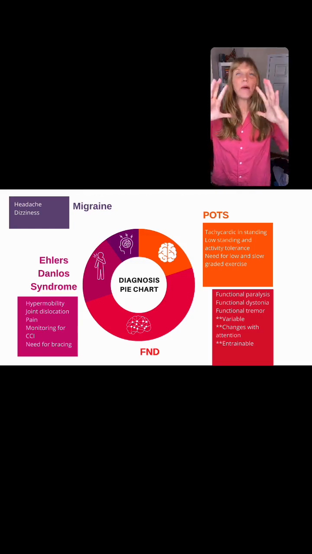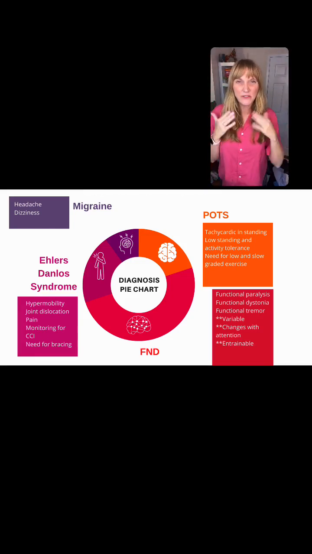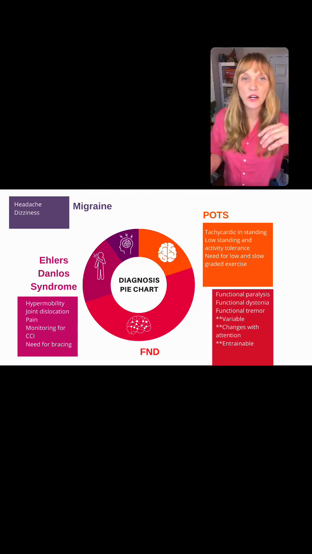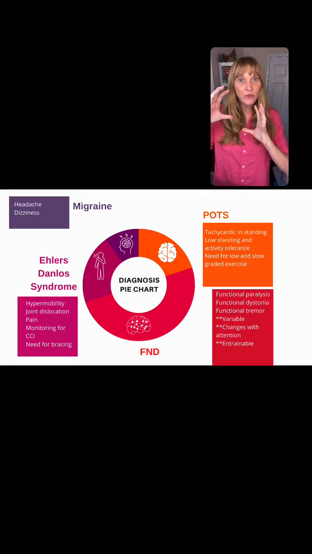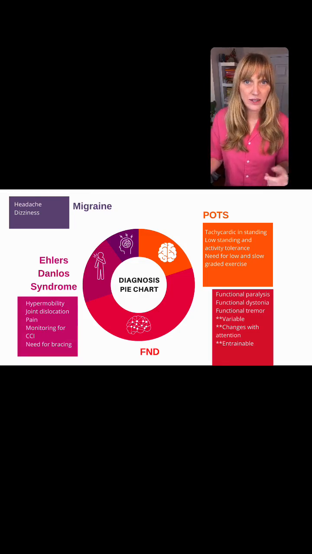Now, I showed that picture of the body with multiple symptoms. It was kind of cut off in this video, but we do that in a pie chart form. So when we are going through that history, when we are understanding symptoms, when we're listening to people, we're kind of configuring, wow, there's multiple health conditions here.